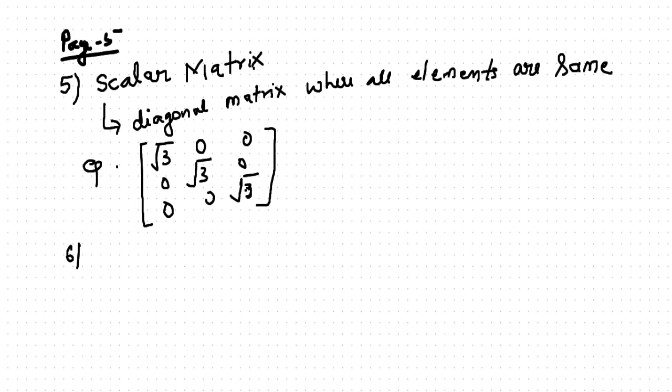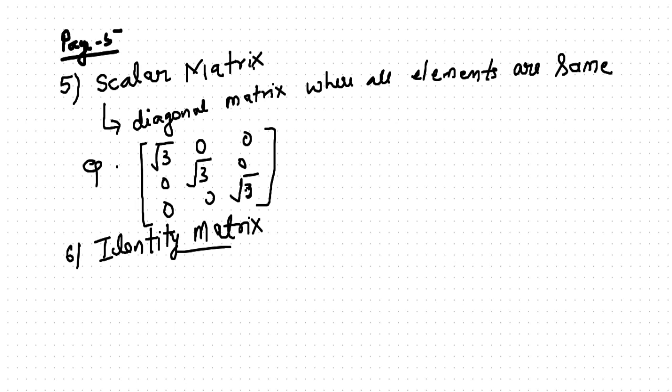And the next one is the identity matrix. First, we have seen a diagonal matrix where the elements of the principal diagonal are non-zero. Then we have seen a special case of diagonal matrix, that is the scalar matrix, where the elements of the principal diagonal are the same.